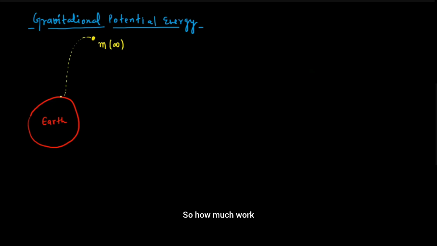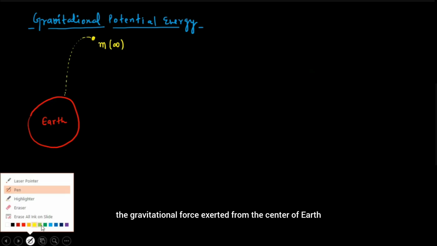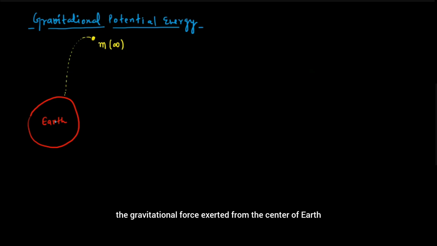How much work does the gravitational force exerted from the center of Earth towards the mass do, so that it gets attracted towards Earth? That work is going to be stored in the form of potential energy, or you can say the gravitational potential energy.